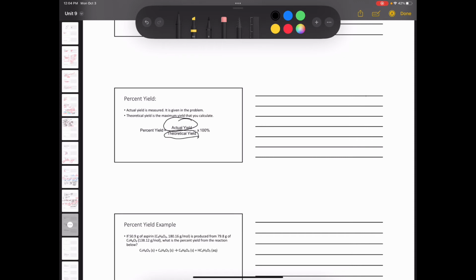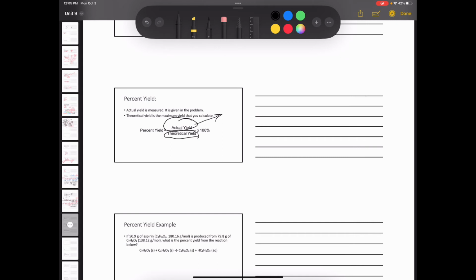In general, if anyone asks you about the percent yield, the actual yield will be given in the question, because obviously this is not something you can calculate. The theoretical is the amount we calculate using the stoichiometric conversion factors.